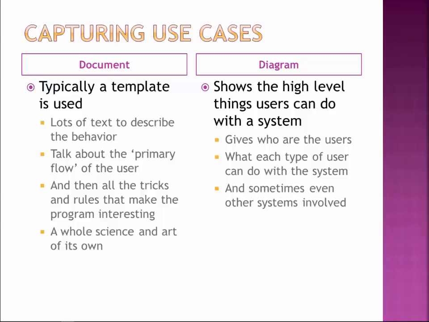It tells us the tricks and the rules of how those things are supposed to happen. If there's an absolute requirement that the pan must be 400 degrees before you start to fry the egg, well, put that in that document. And that's a whole art and science of its own to figure that stuff out.